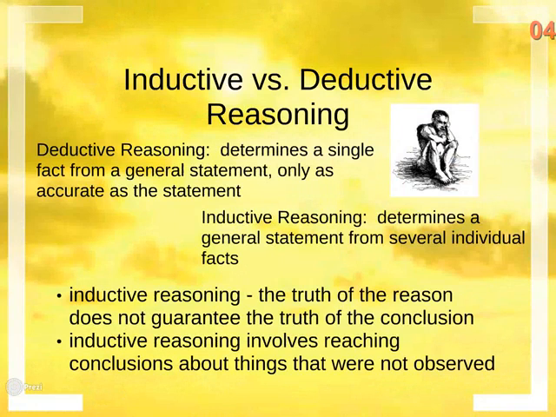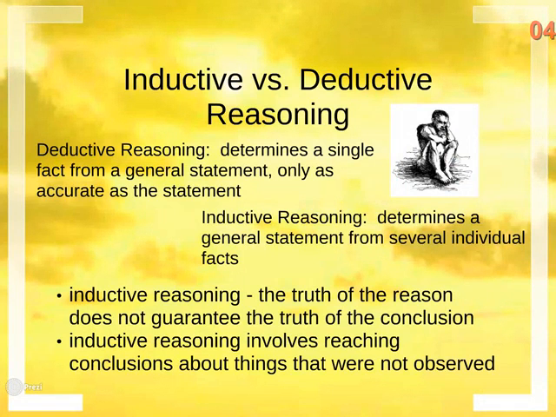So when we look at the facts, we have the option of using inductive or deductive reasoning. Deductive reasoning determines a single fact from a general statement, and it's only as accurate as the statement. Inductive reasoning determines a general statement from several individual facts. In science, we try to use deductive reasoning as much as possible.